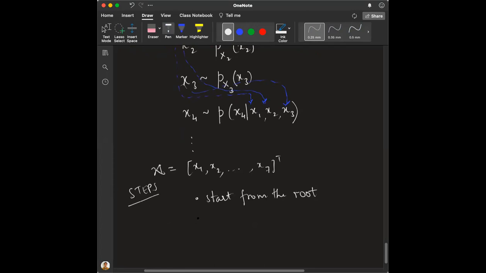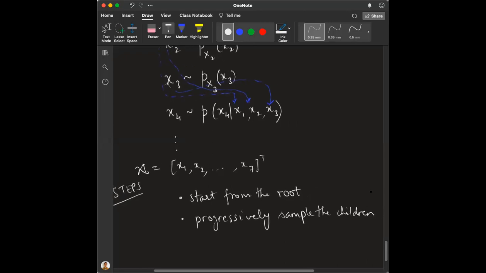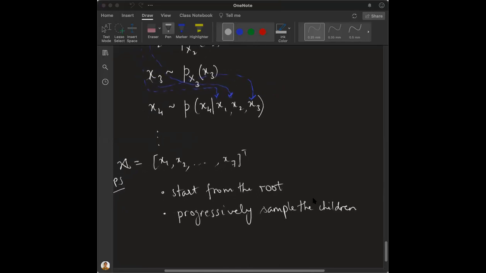Start from the root and progressively sample the children. So this is ancestral sampling. Does anybody have any questions here? Okay.